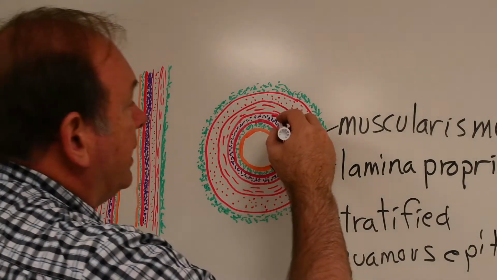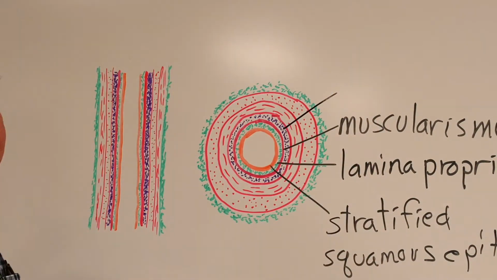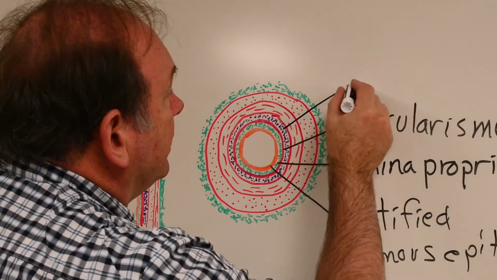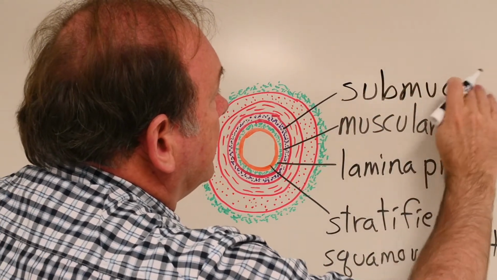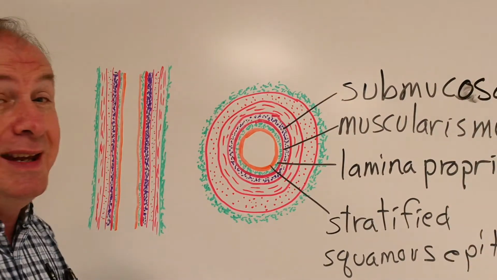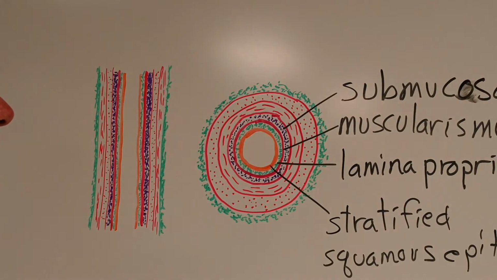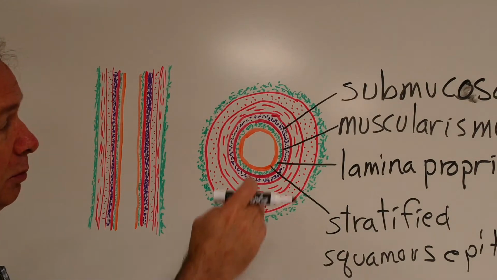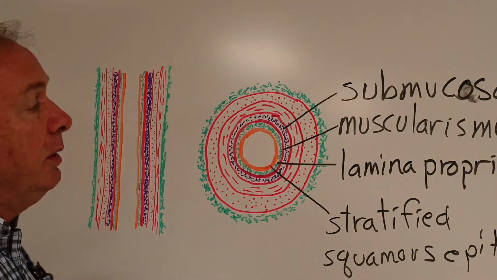Beneath that, in purple right here, I have a layer we're going to identify as the submucosa. Submucosa is a layer of dense, irregular connective tissue. Beyond the submucosa, we have two thick bands of muscle.